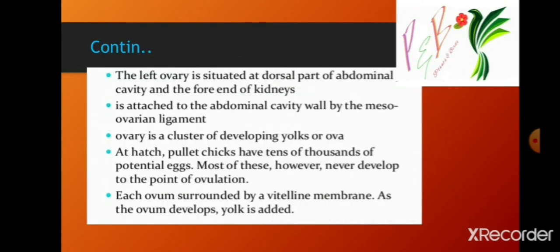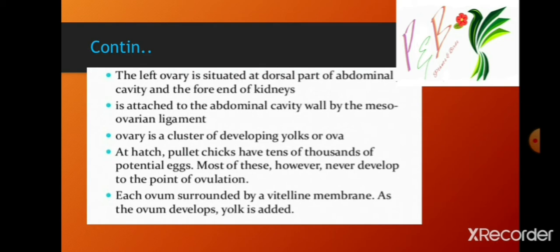The left ovary is situated at the dorsal part of the abdominal cavity at the front end of the kidneys. It is attached to the abdominal cavity wall by the meso-ovarian ligament. The ovary is a cluster of developing yolks or ova.